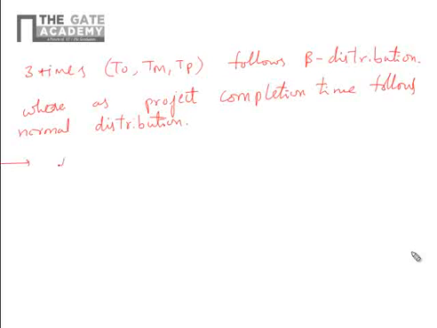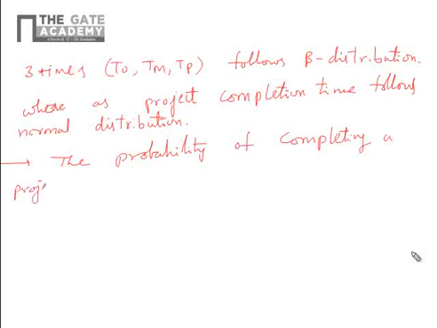The probability of completing a project is given by Z equal to D minus T by sigma of critical path.